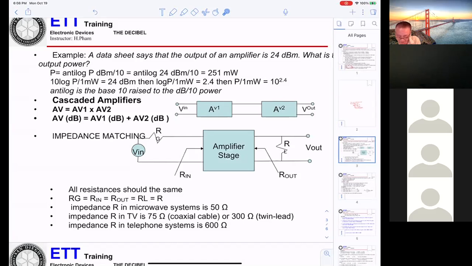Impedance in microwave is 50 ohm. Impedance in TV is 75 ohm or 300 ohm. Impedance in the telephone system must be 600 ohm. That's just a formula. They cannot make a difference.